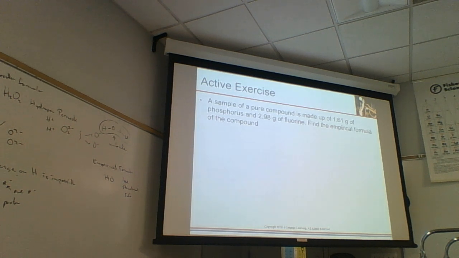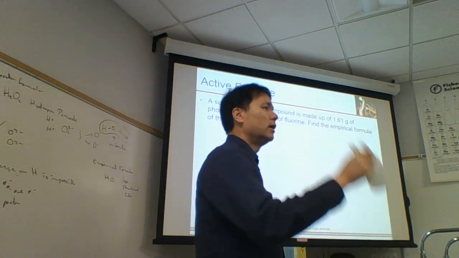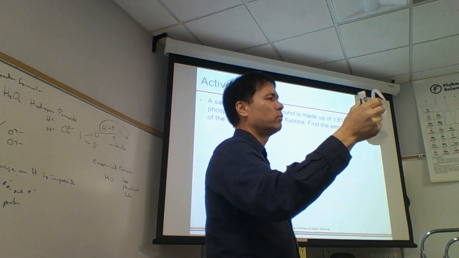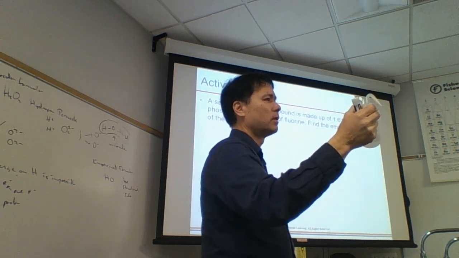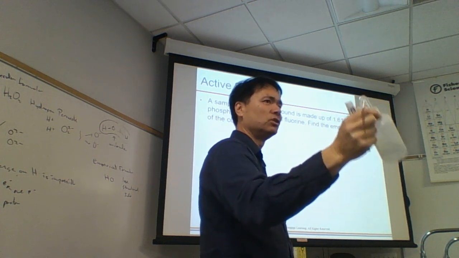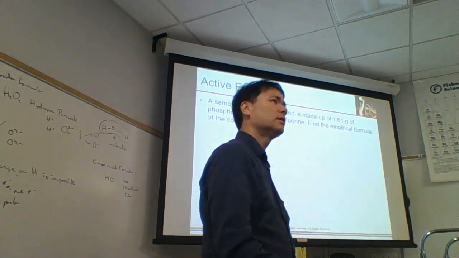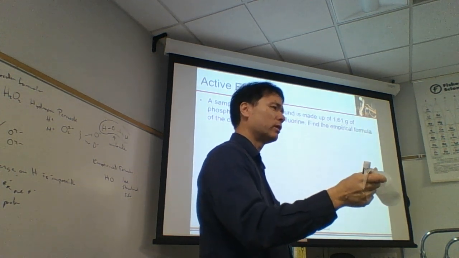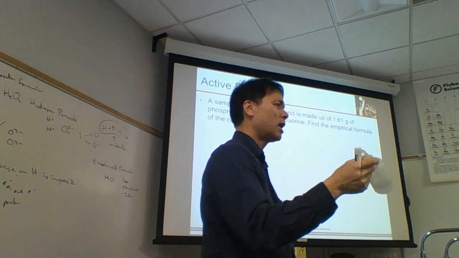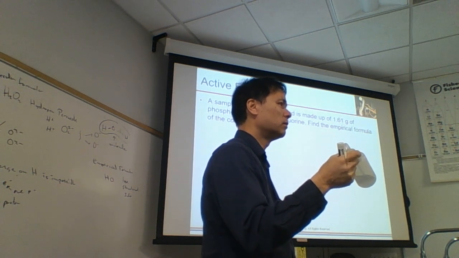So for example, the formula for water is what? H2O. Well, where did that come from? What observation did that come from? How do you know it's H2O? The thing is, you've been taking people's word for it, right? But what proof do you have that it is H2O?